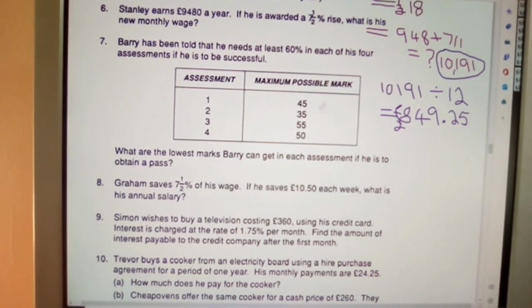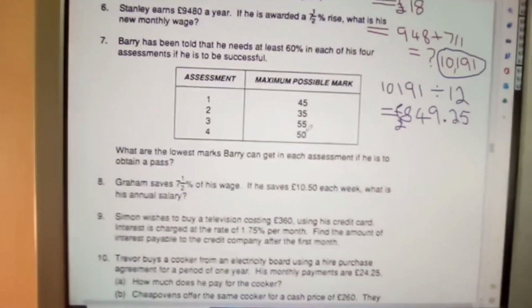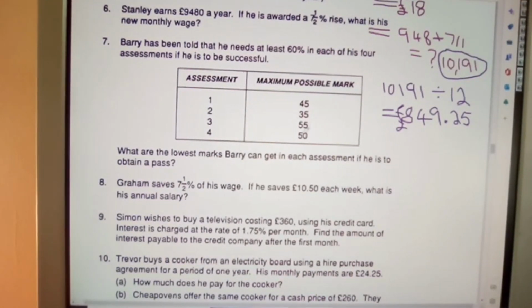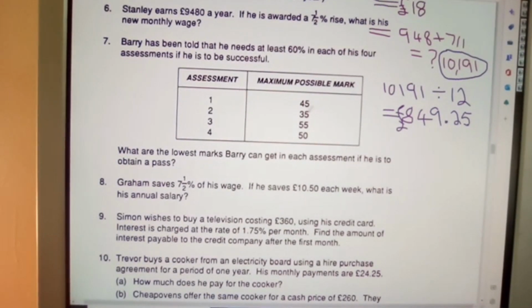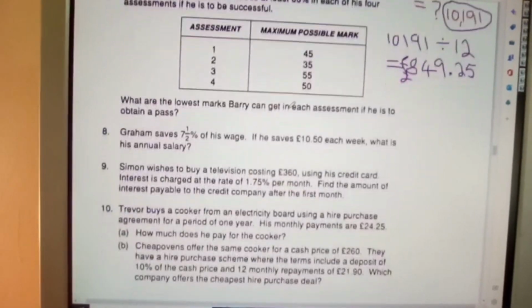So what you need to look at is taking an average, adding all these up together, finding a given percentage overall, and seeing where you go from there. Now that one I'm going to leave to you to work out, okay?